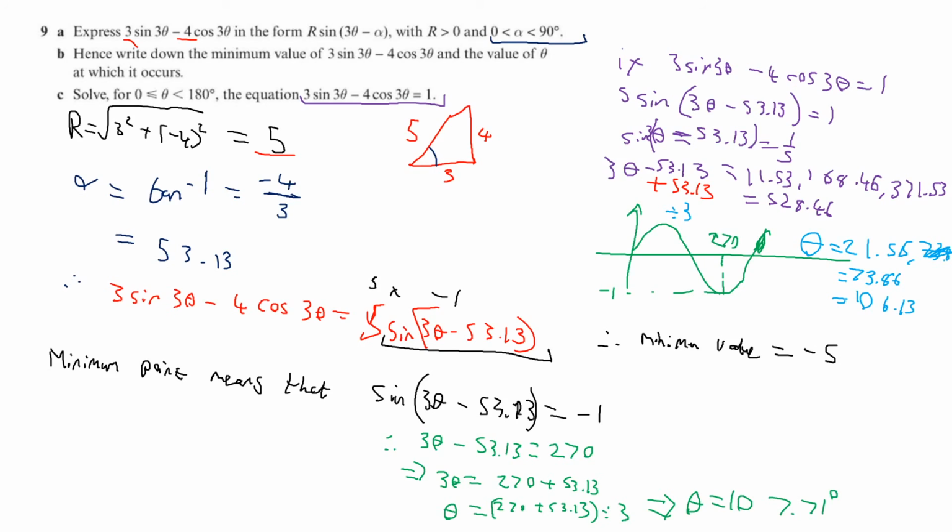So let's just test it. 528.46 plus 53.13, and then divide by 3. Okay, I get 193, which is not in our range. So these two are our final answers.